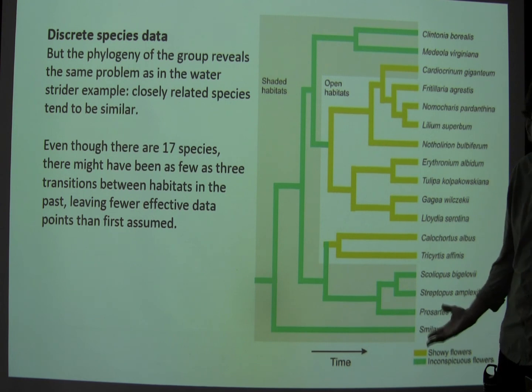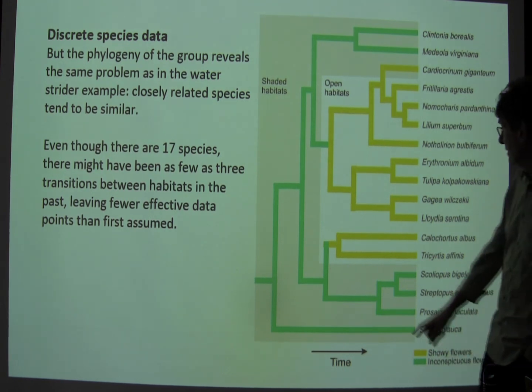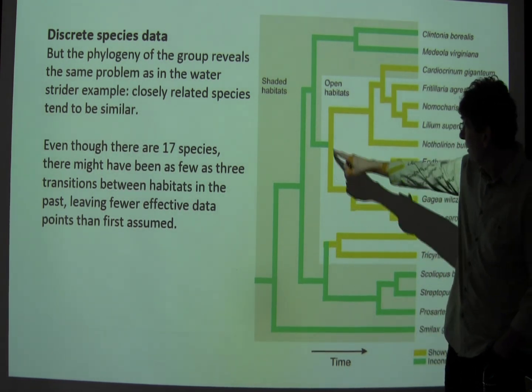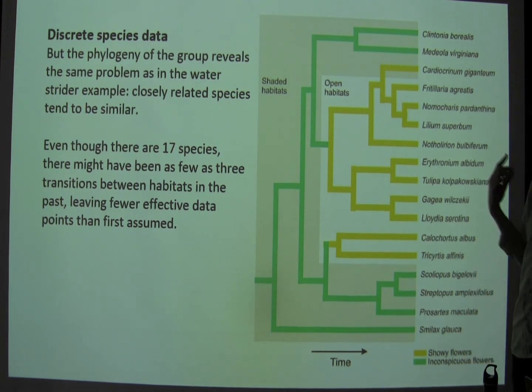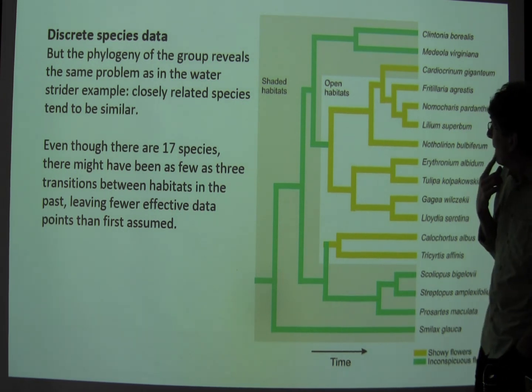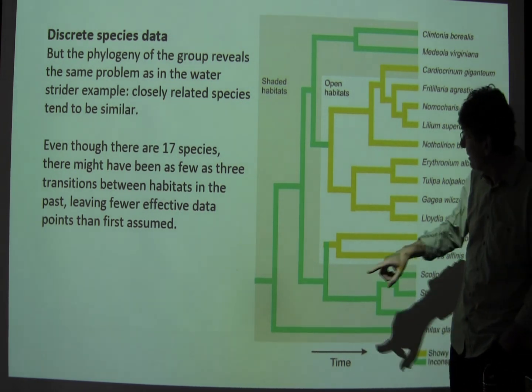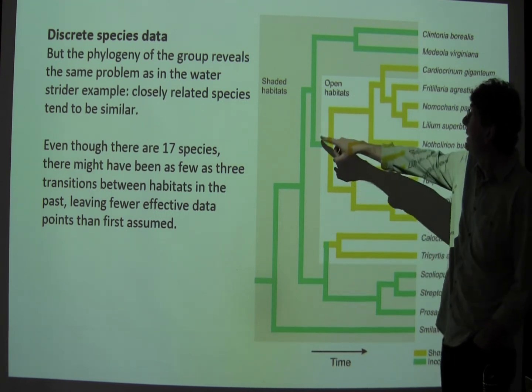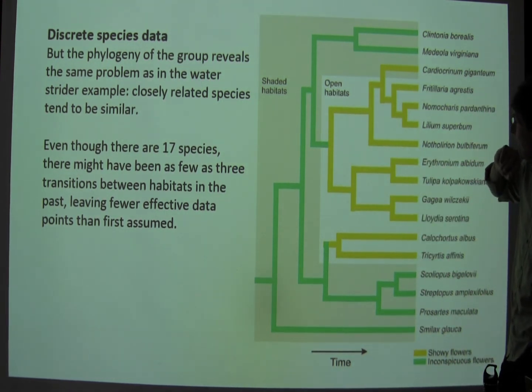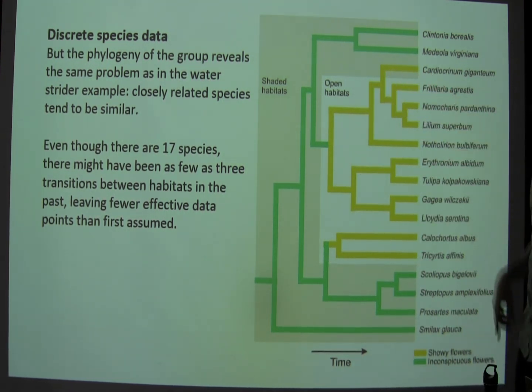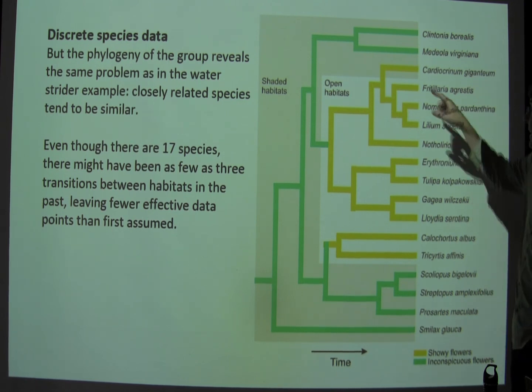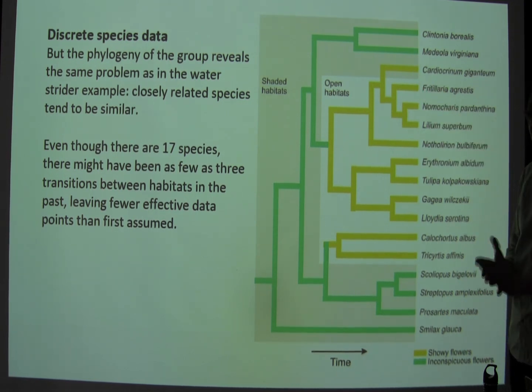It looks like inconspicuous flowers is ancestral, and showy flowers have evolved only twice in the history of lilies. And there have been only 3 transitions between habitat types, twice into open habitats and 1 back. Now, that's not necessarily the exact evolutionary history, but it's sort of a minimum number.